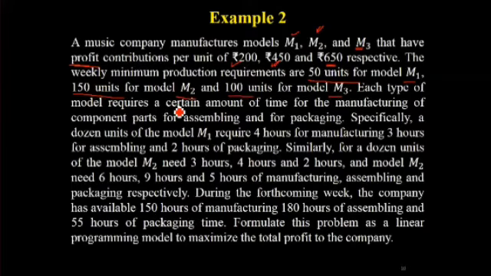Each type of model requires a certain amount of time for manufacturing a component part, for assembling and for packaging. So three things are happening, like before it was grinding and polishing. Specifically, a dozen units of model M1 require 4 hours of manufacturing, 3 hours of assembling and 2 hours of packaging.